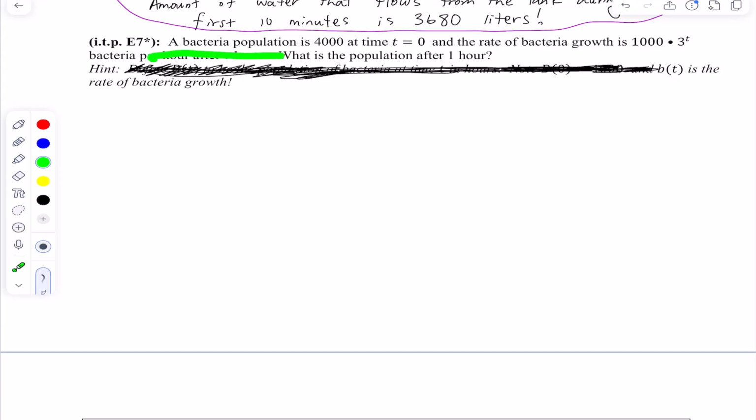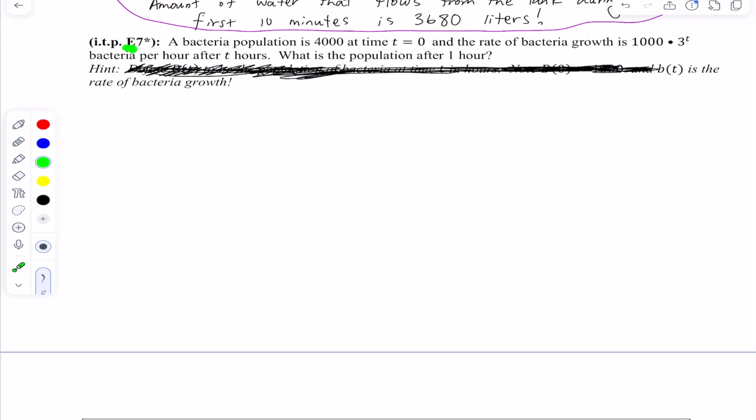A bacteria population is 4,000 at the time of 0, and the rate of the bacteria growth is given as the product of two functions. This rate of bacteria growth is measured in bacteria per hour. What is the population after 1 hour?